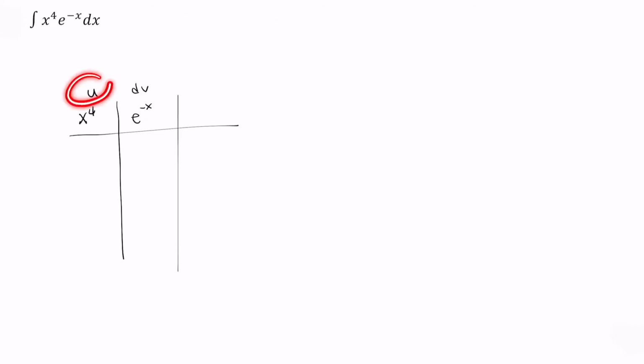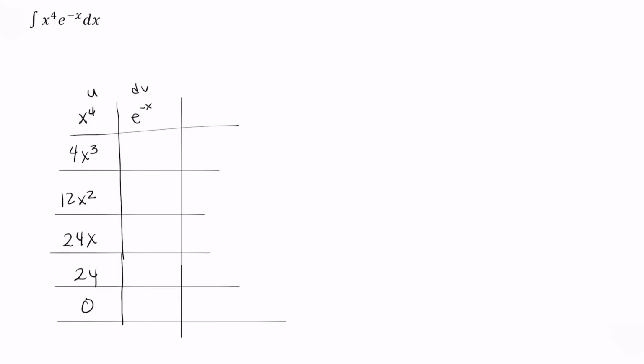So we take derivatives of u. So this is 4x cubed. This is 12x squared, 24x, 24, and 0. Since the fifth derivative of x to the fourth is 0, I've confirmed my suspicions that I can use a table for integration by parts, since the tabular method will not work if your choice of u doesn't at some point have a derivative of 0.